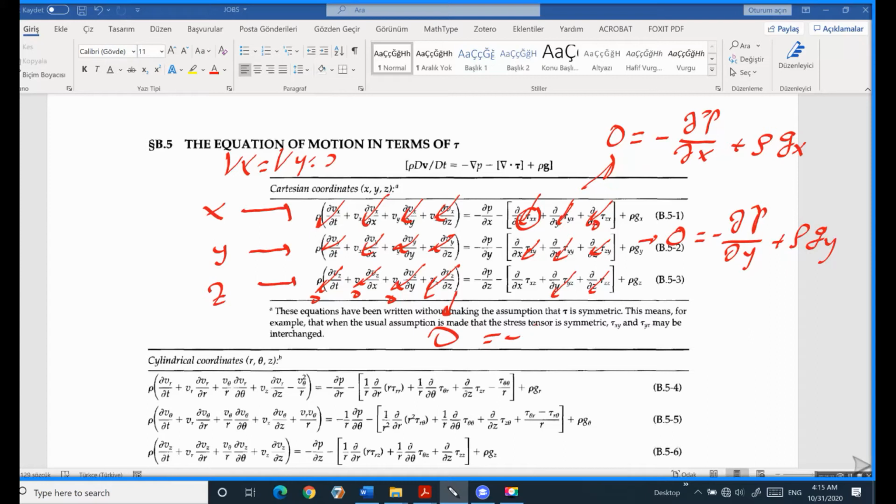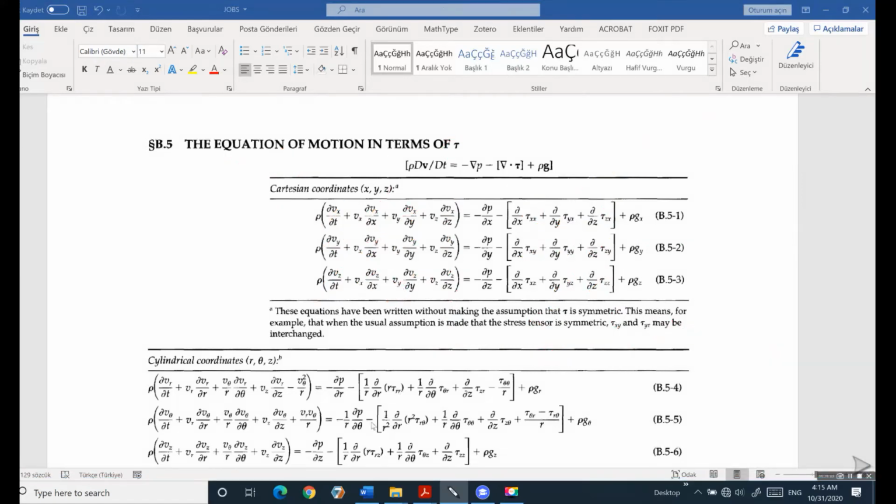At the right side, minus the partial derivative of p with respect to z plus rho gz. So we obtain these three forms for the x, y, z directions by using the equation of motion in terms of viscous forces.